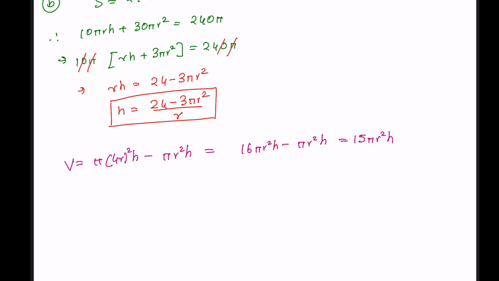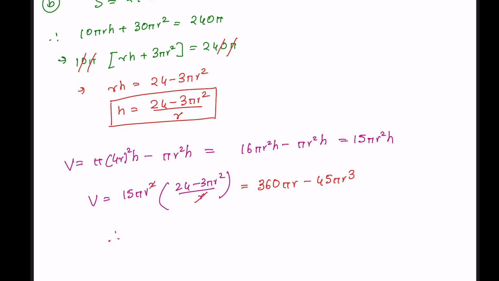Okay, now instead of this h, I'll substitute 24 minus 3 pi r square divided by r. Now r squared and r will cancel out. So if I expand this, 15 pi r times 24, 15 times 24 is approximately 360. 360 pi r minus 15 times 3 is 45 pi r cube.